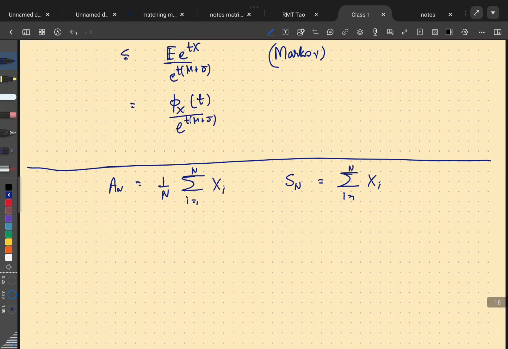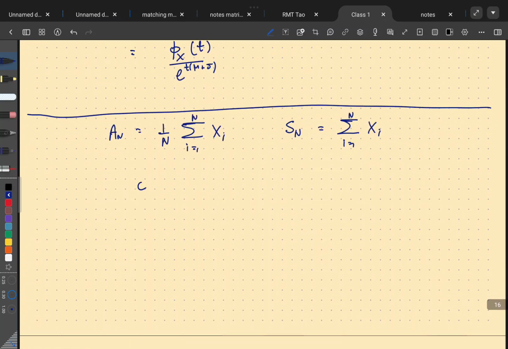So what about the moment generating function of an, or the moment generating function of Sn? This is the expectation of e raised to t times Sn.